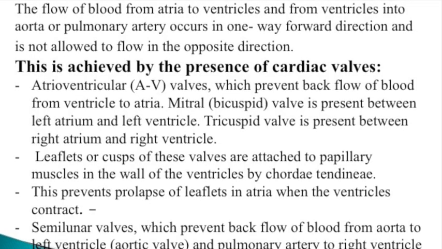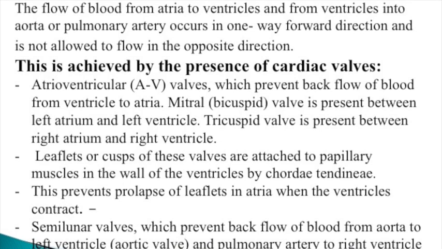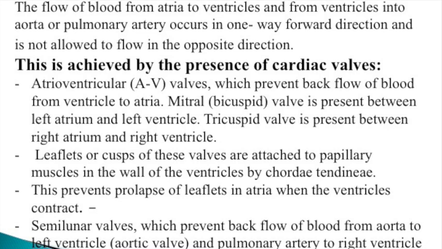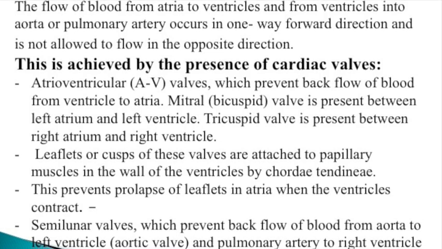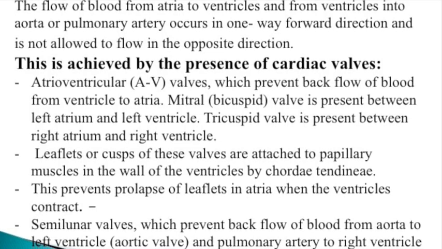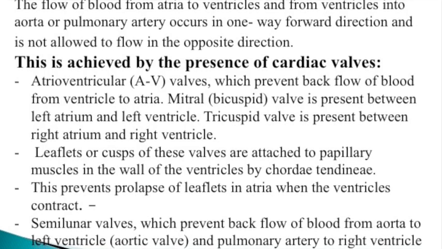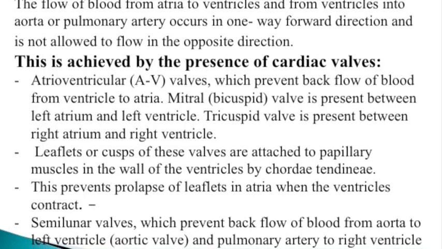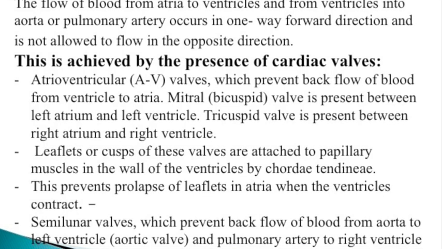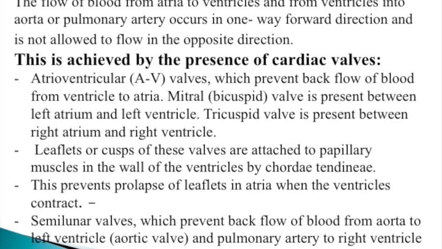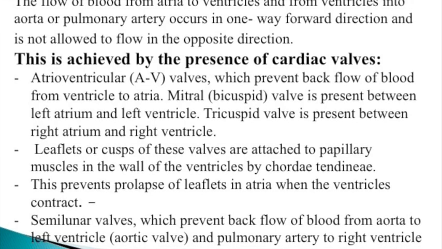In slide number 10, we can easily answer this question: this is achieved by the presence of cardiac valves. So the blood flow through the heart is regulated by 4 cardiac valves.